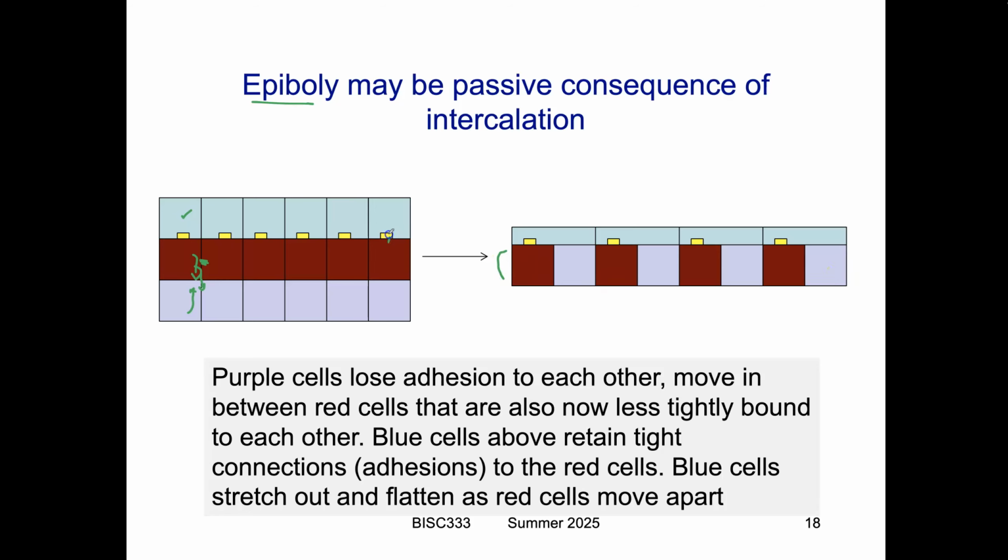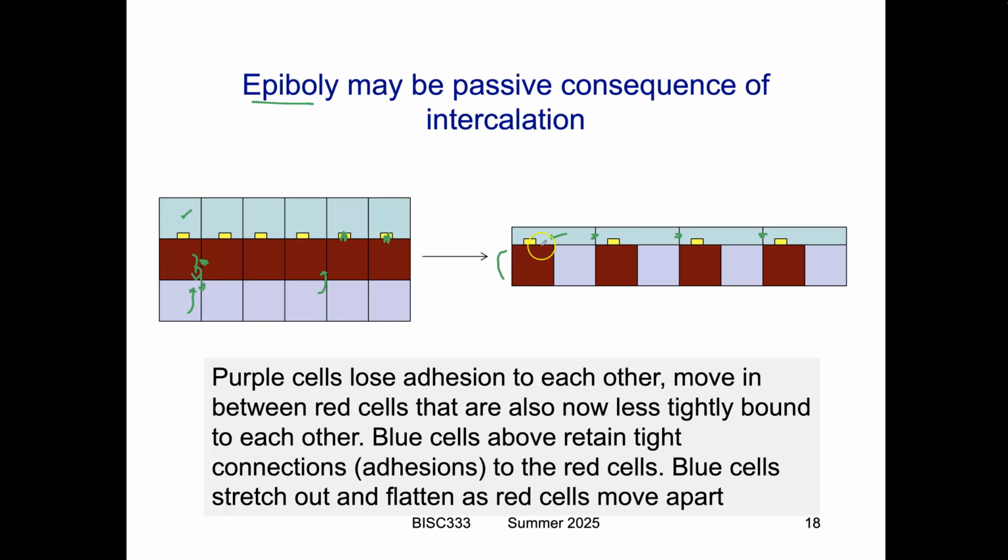If the cells on top still maintain their connections to the red cells as we're squeezing the purple cells between them, that's going to cause a kind of stress. Assuming also that these guys are strongly connected to each other side by side, that's going to pull them flatter and wider. So this isn't necessarily an active process on the part of these cells.